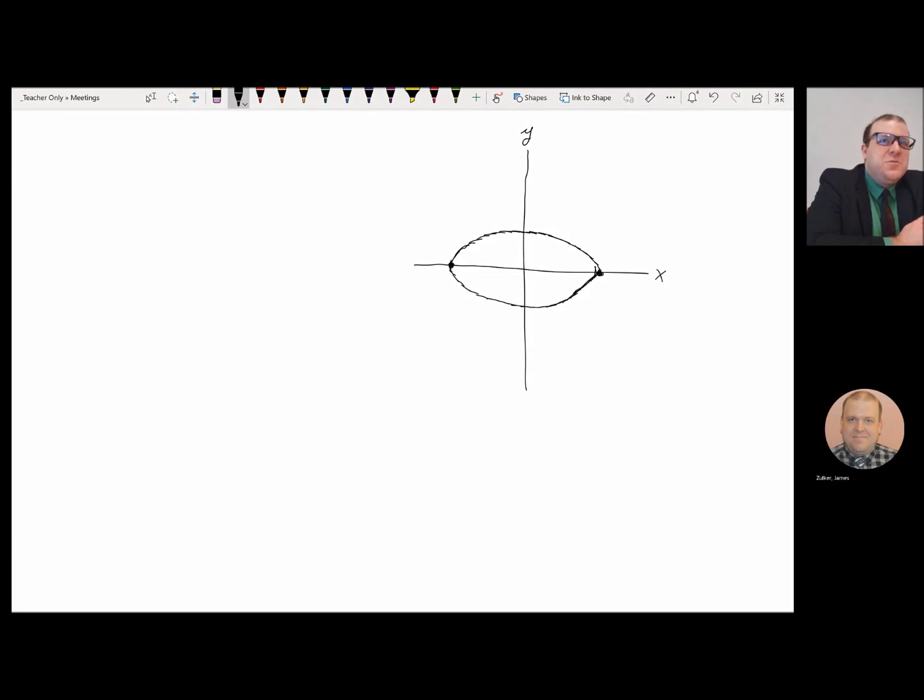Then obviously your minor axis would be the other axis, the perpendicular axis, or the axis which is the shortest, where the radius is shortest. In this case, the y. And those points are the semi-minor.